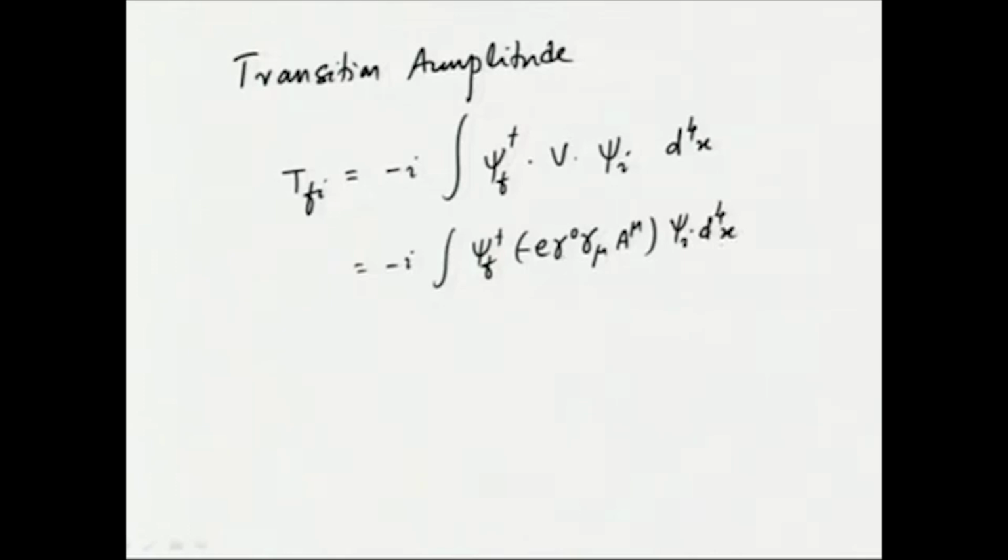I will take the gamma 0 with psi f dagger and write it as psi bar.